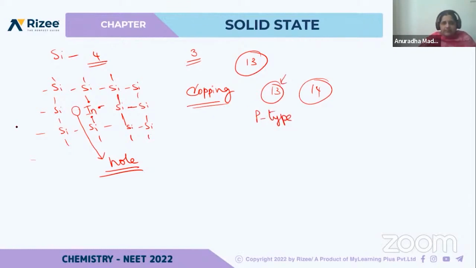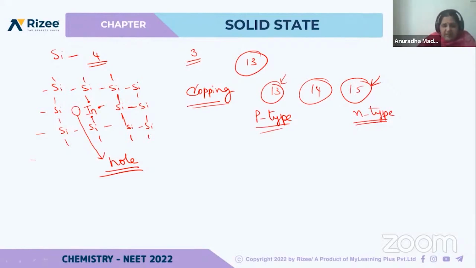Now the opposite. If we use an impurity of group 15 instead of group 13 in the group 14 element, that is also doping. Then that sort of semiconductor is known as an N-type semiconductor.